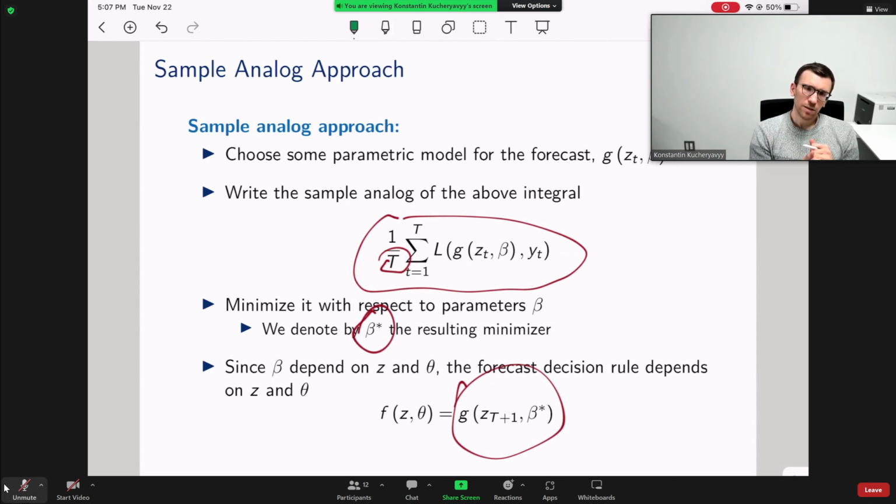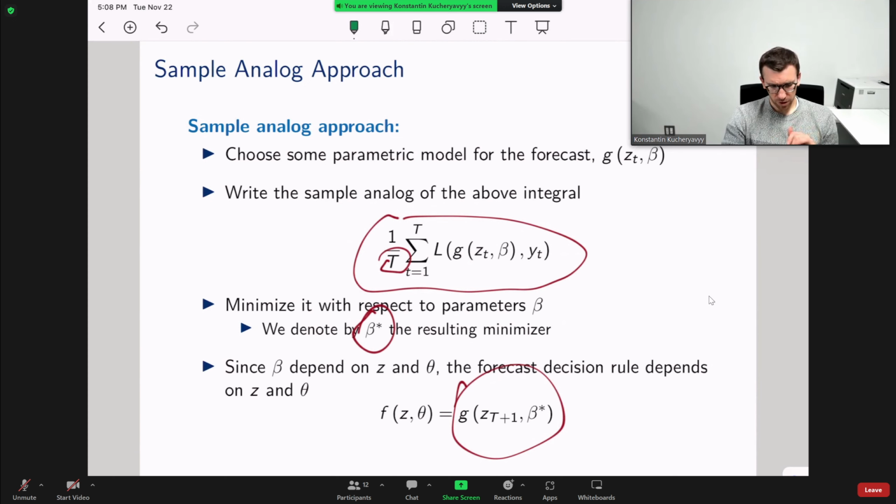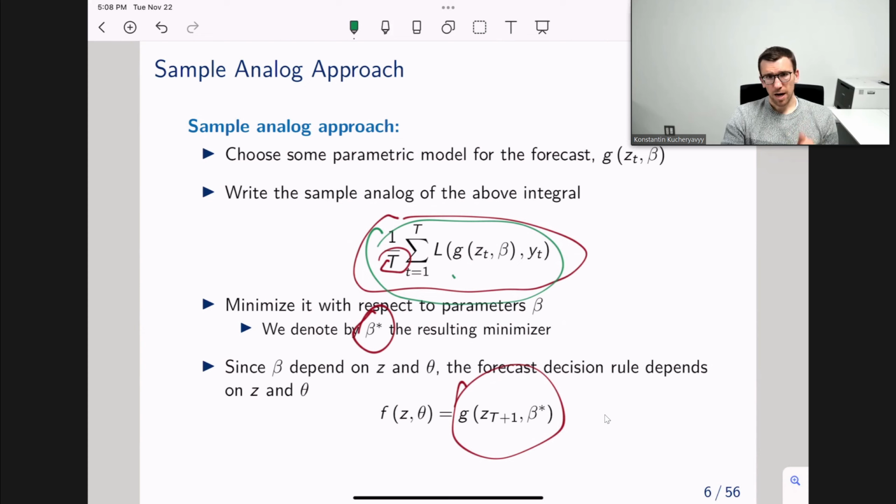You can consider that example with a Linex loss function under the assumption of the y's coming independently from a normal mu, sigma squared distribution. And then you can calculate under the Linex function your decision rule from the sample analog approach, and then you can see what would be the implied estimates of mu and sigma squared under this sample analog approach.